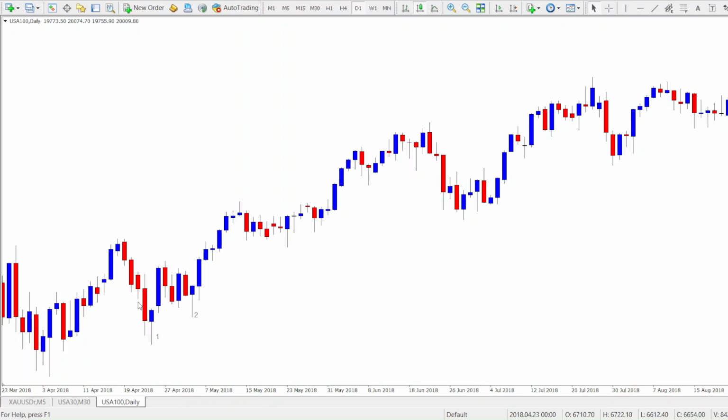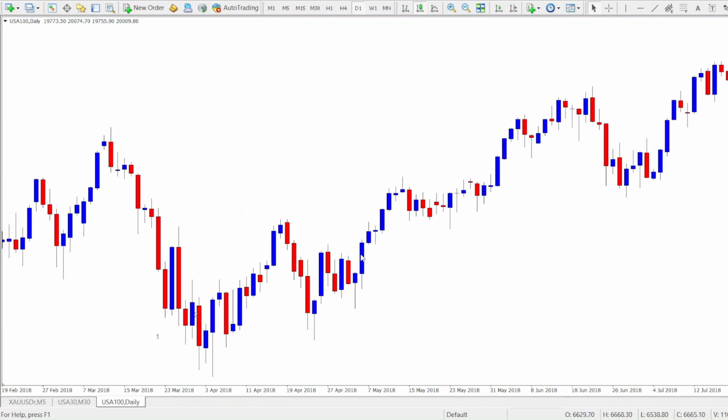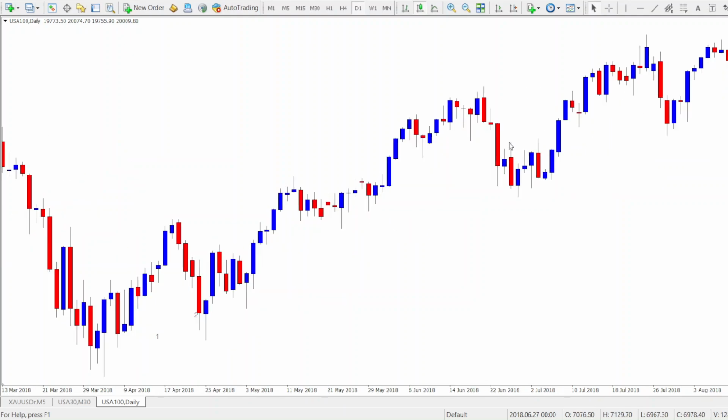The hammer candlestick pattern can show up in a bullish trend such as this. You can see that this is actually a bullish trend, but whenever it shows up, it signifies that the bullish trend is continuing.